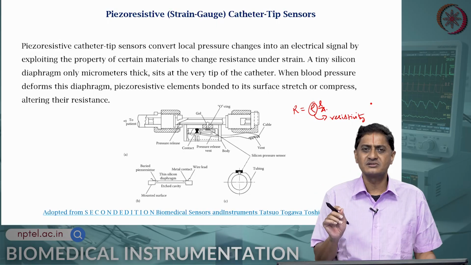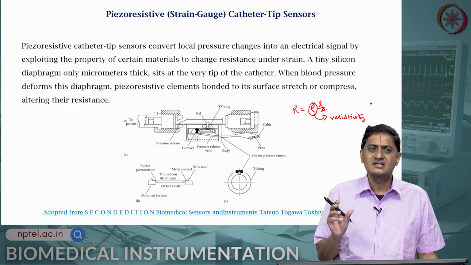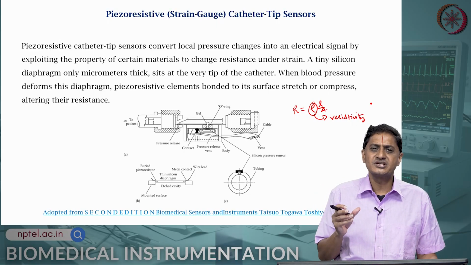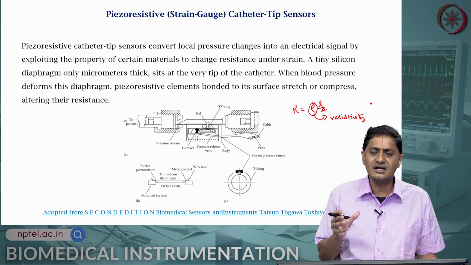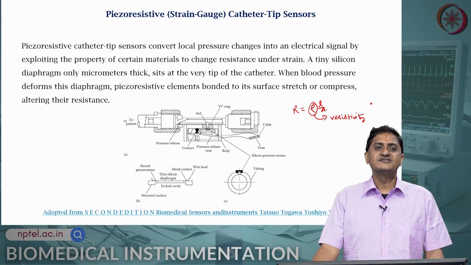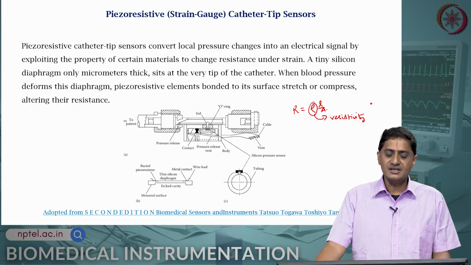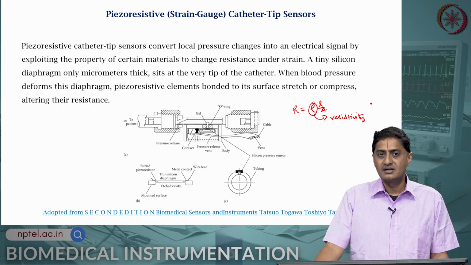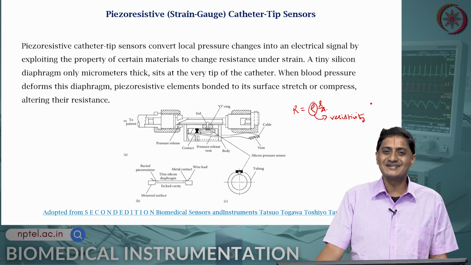When the blood pressure causes a change in the diameter, a change in the geometry of this diaphragm, then this piezoresistive material essentially changes its geometry such that its resistance changes.